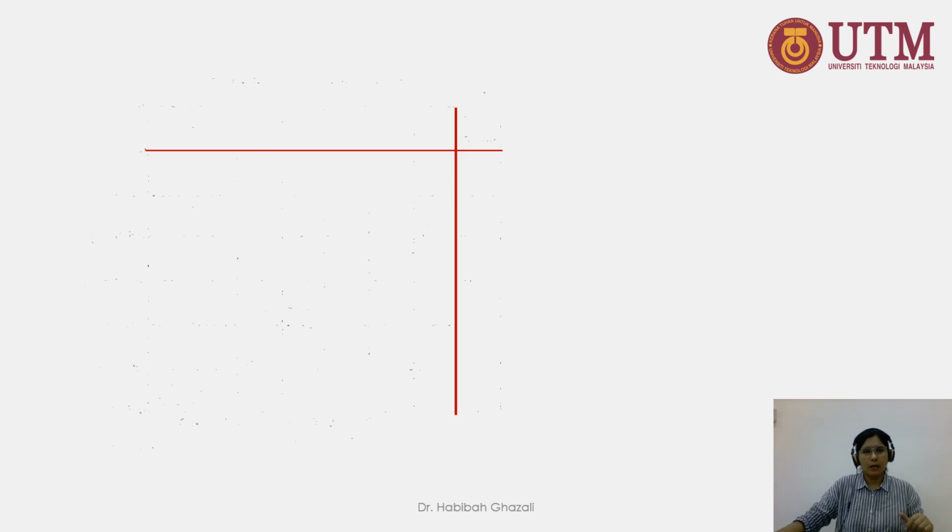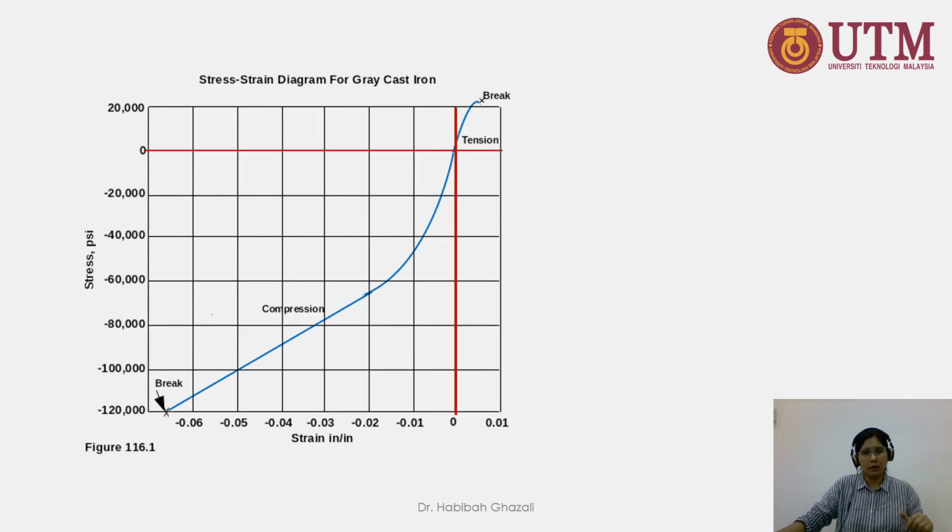For gray cast iron, the stress strain curve when loaded in tension will look like this. Just focus your attention on the one in the square here.